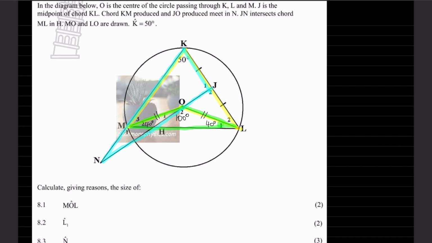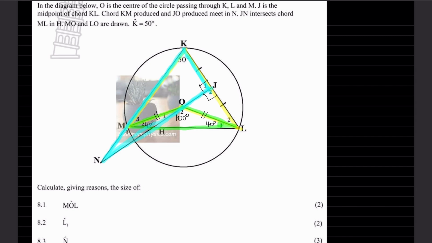Now if we can figure out the angles in that triangle, then we can work out angle N. Now I see chord KL drawn for me, and I can see that KJ is equal to JL. This brings me back to a theorem where if you have a line drawn from the center, and if it bisects a chord, it means that it's going to be perpendicular to the chord.